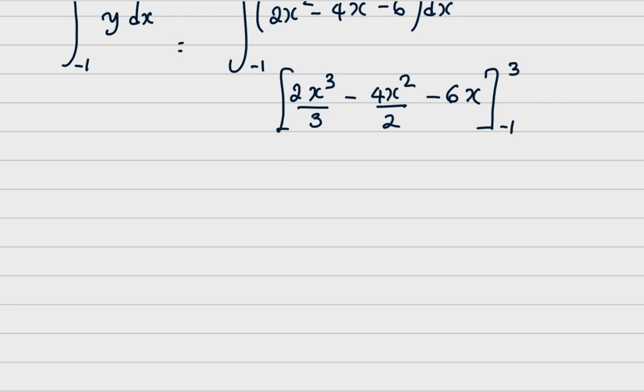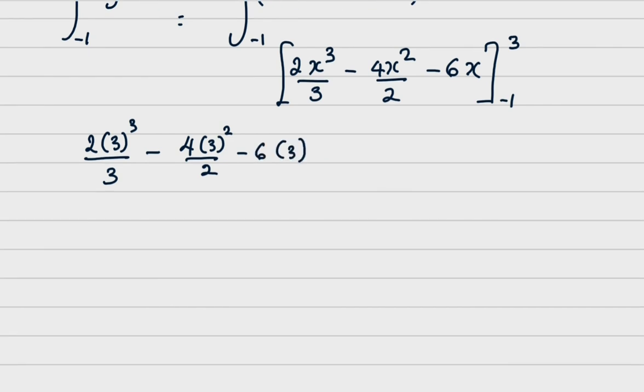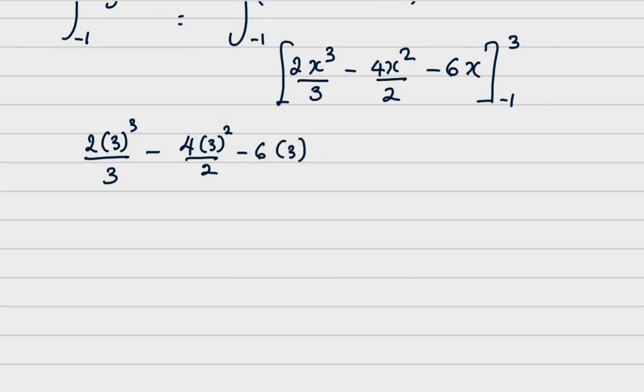So put in when x equals to 3, I'm going to have 2 times 3 raised to the power 3 over 3. Then I have -4 times 3 all squared, of course, over 2. Then -6 times 3. All right. Now you can see that I can even actually reduce before even substituting this, but all the same is still okay.